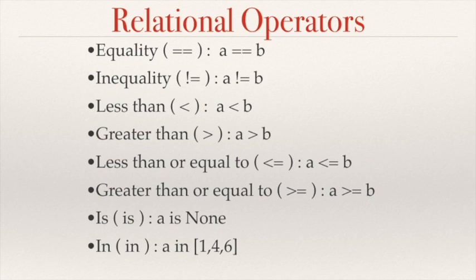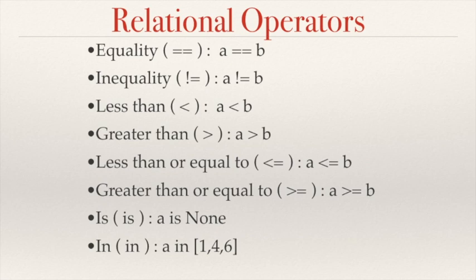The double equal to operator is used to compare for equality of two data values. It must be noted that using double equal to, we can compare for equality of numeric values like integers, floats, etc., and also for equality of string values.